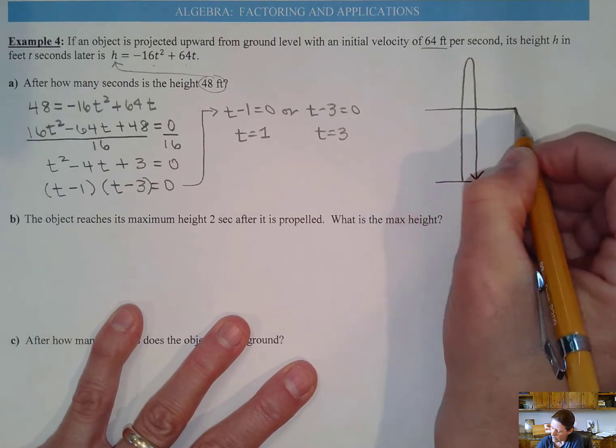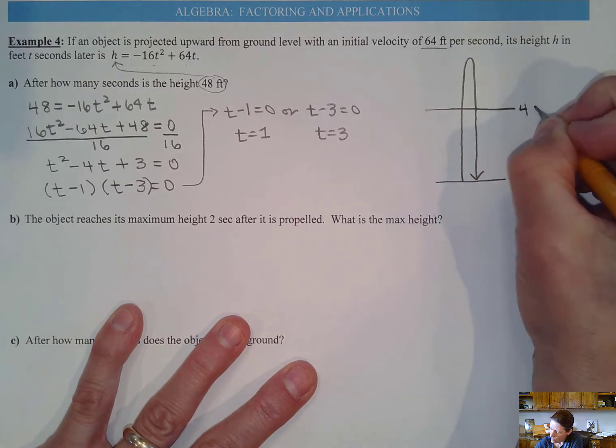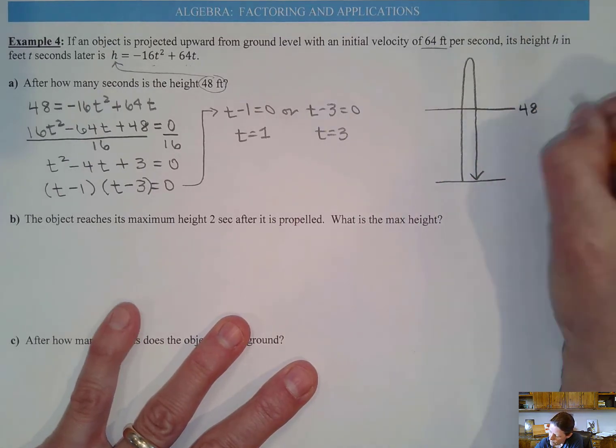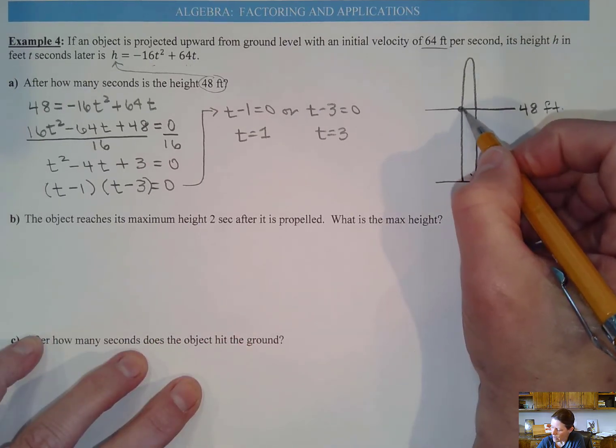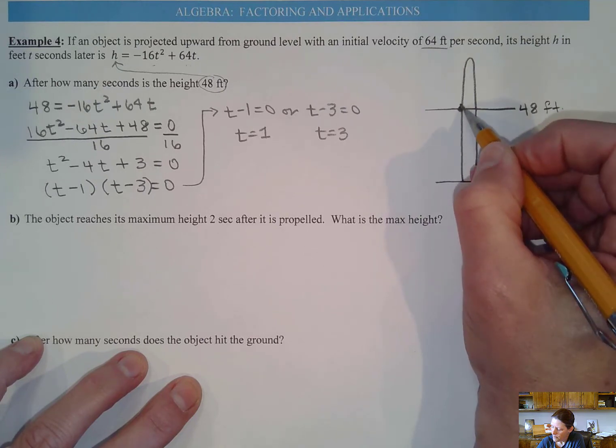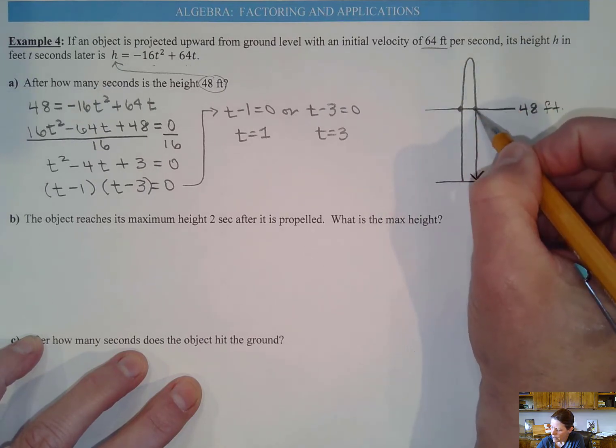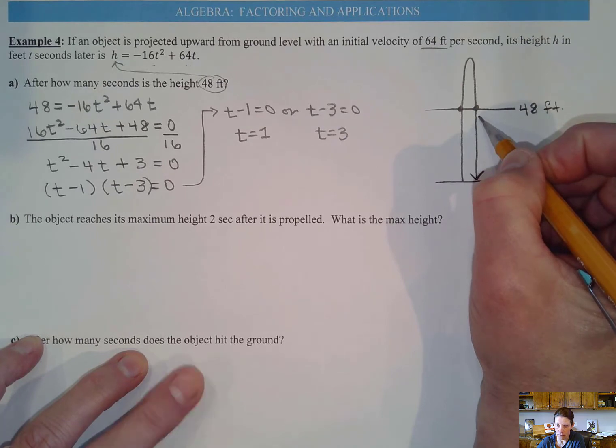And if we think about a height of 48 feet, then that object is going to pass through 48 feet on the way up and then back through 48 feet on the way down.